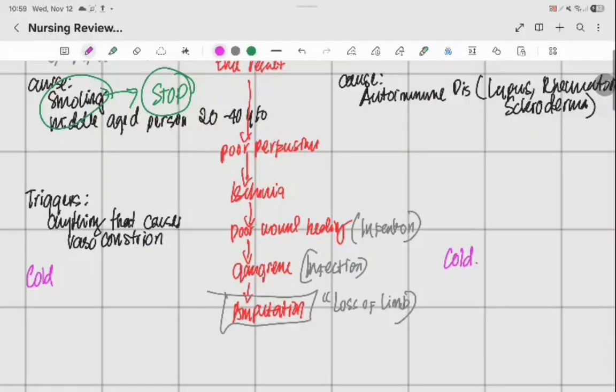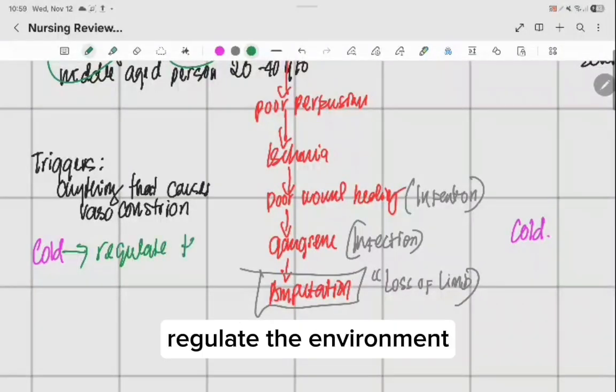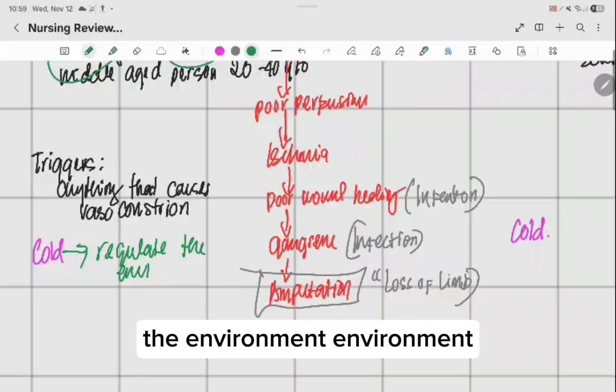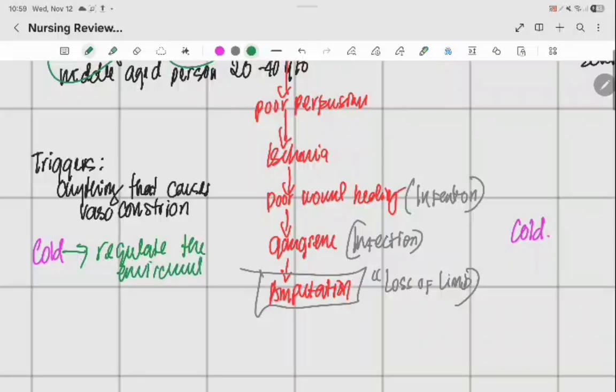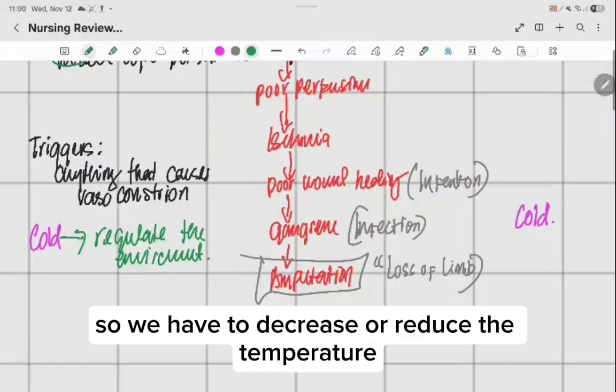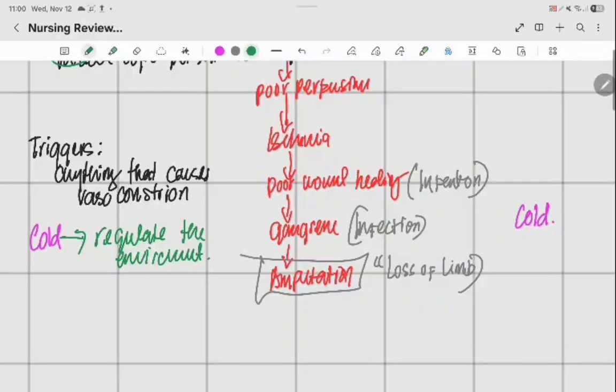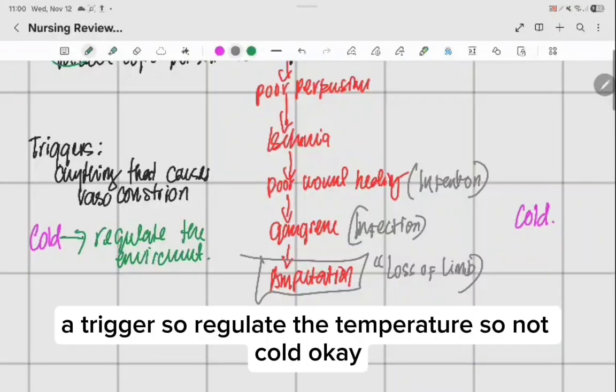Okay, so we have to regulate the environment. For example, if you have a very cold room, we have to reduce the temperature so it would not cause a trigger.